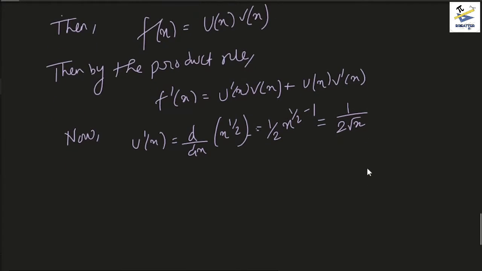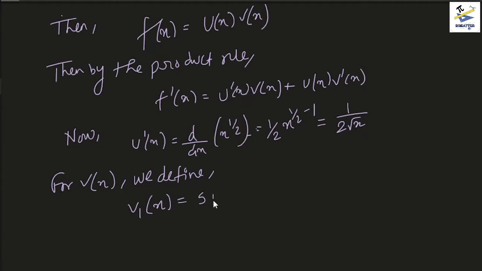But for v(x), since it's a composition of two functions, what we define is as follows. We define v1(x) equals sin x, v2(x) equals root x, right?